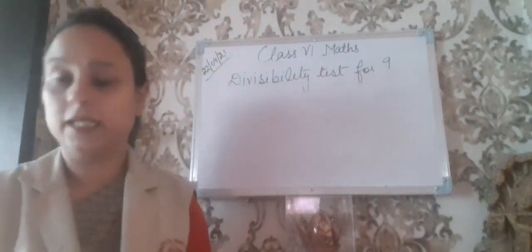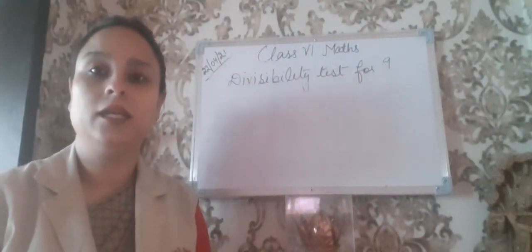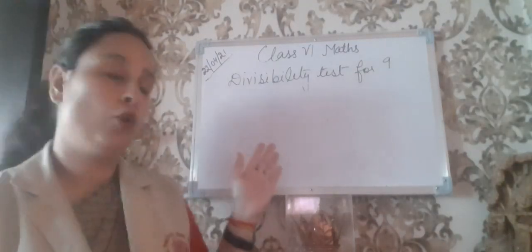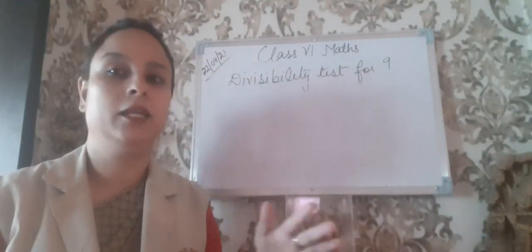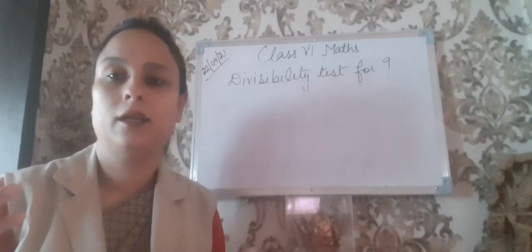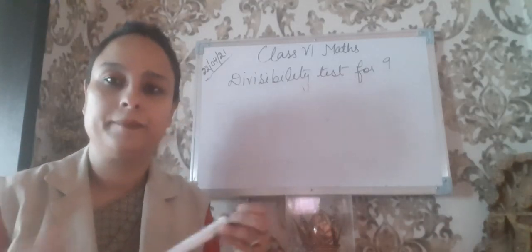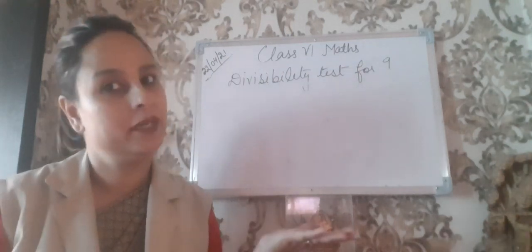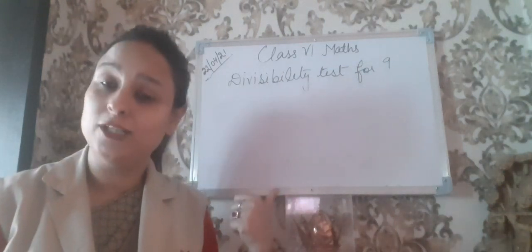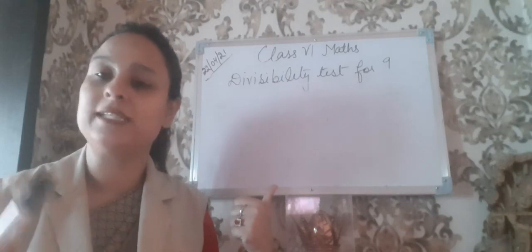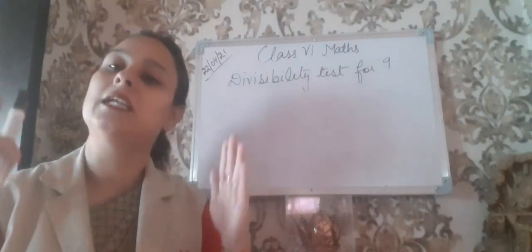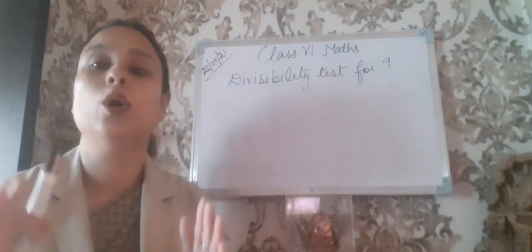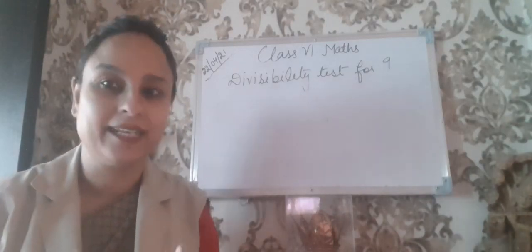So next one is the divisibility test by 9. Okay. So just the same as 3. What was it about 3? Try to recall. It was, if the sum of all the digits is divisible by 3, the number is divisible by 3. Here also, if the sum of all the digits is divisible by 9, the number itself is also divisible by 9. Simple.